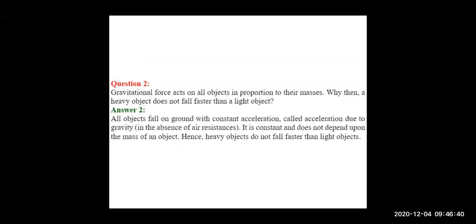Children, question 2, let's read it. Gravitational force acts on all objects in proportion to their mass. हाँ, जो gravitational force है वो सारे ऑब्जेक्ट्स पे प्रोपोर्शनल है उसके मास पे.